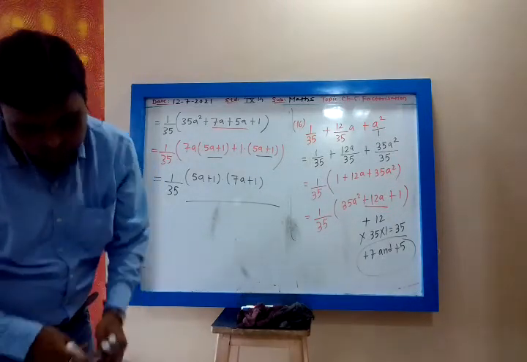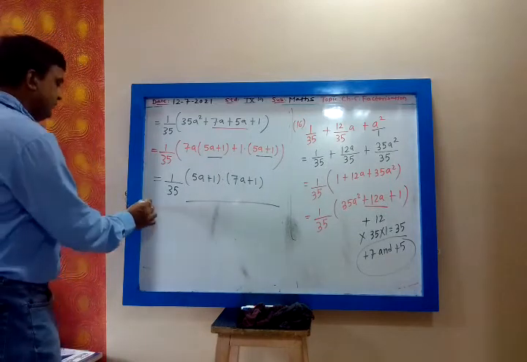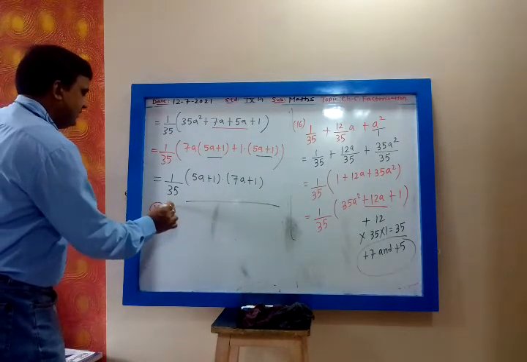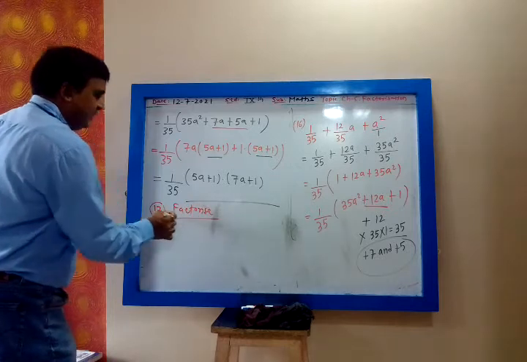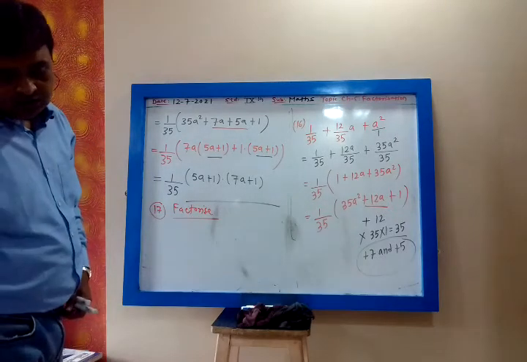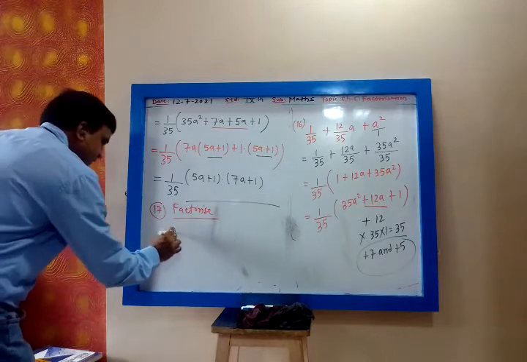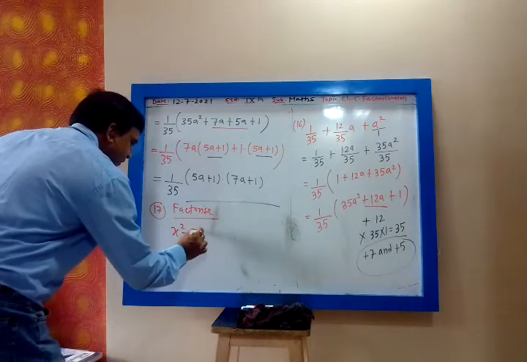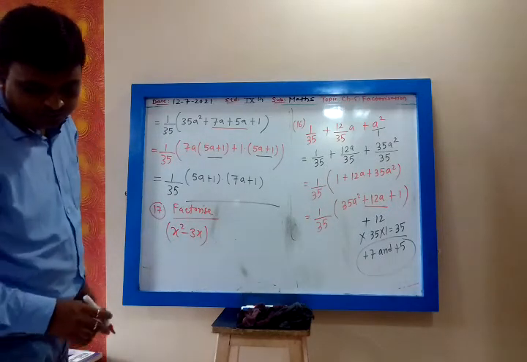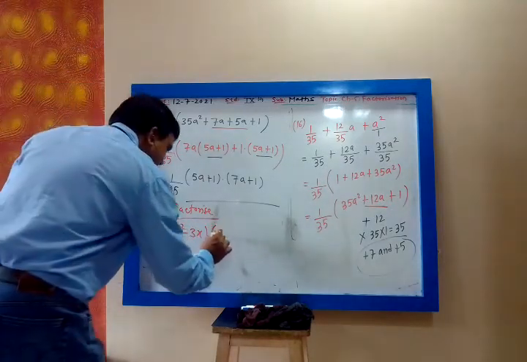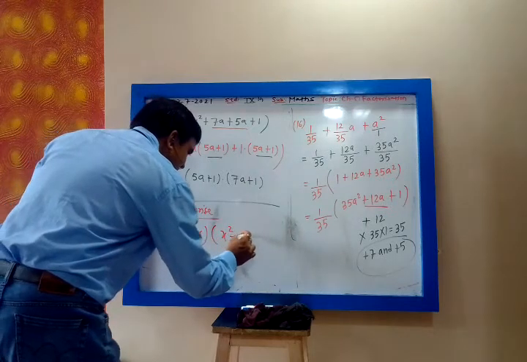Then question 17. Factorize x square minus 3x into x square minus 3x minus 1, minus 20.